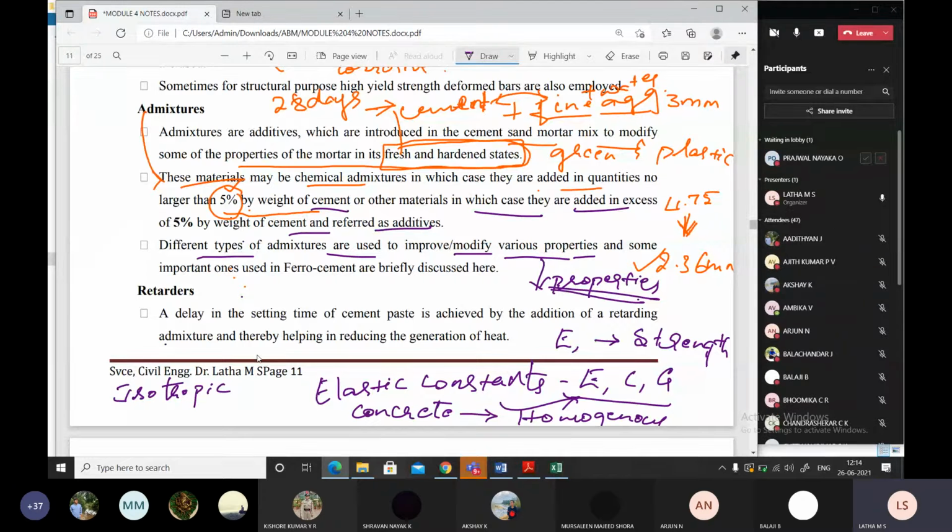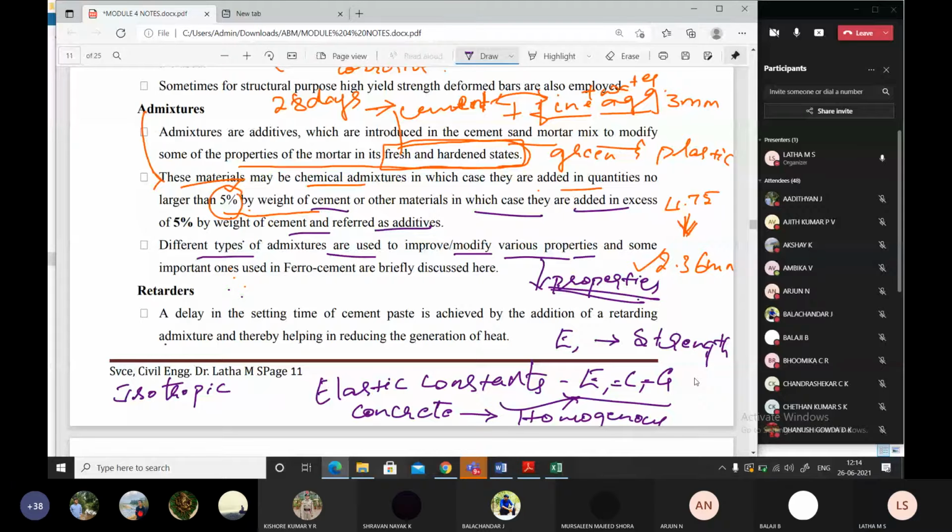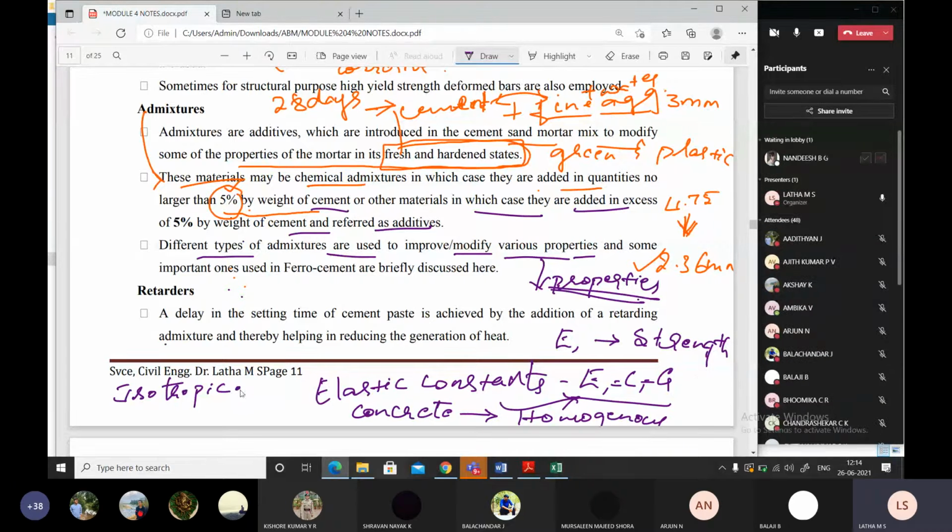It will be similar. Similar what? You mean to say that E is equal to C is equal to G? It means that isotropic means at any angle taken in the concrete, you find the E value to be the same throughout. C value will be the same throughout. G value will be the same throughout.